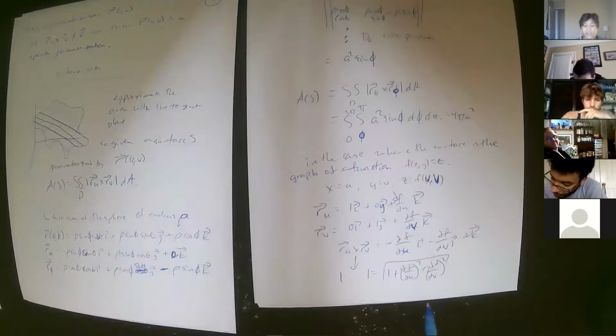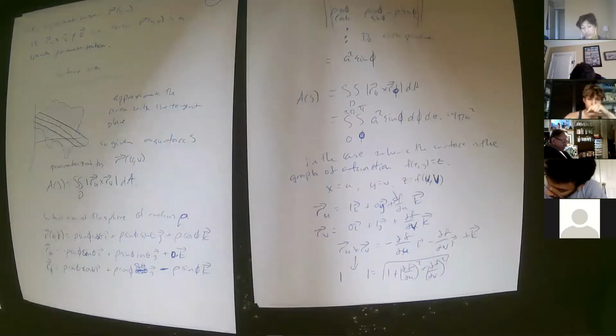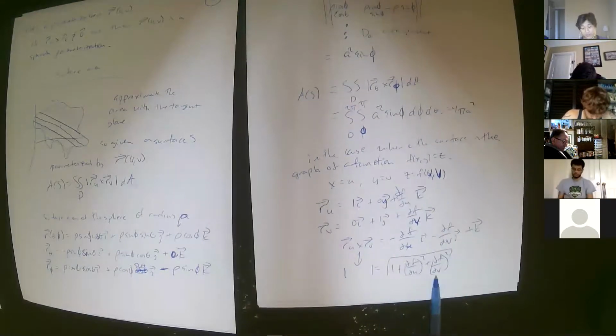So when the surface is the graph of a function, we have a very nice description of the length of the cross product.